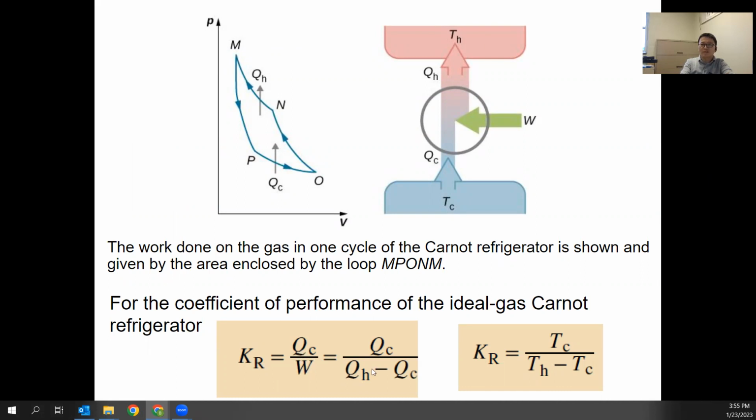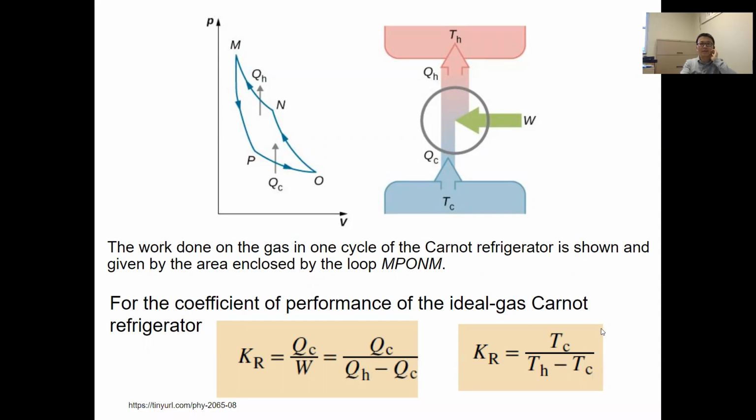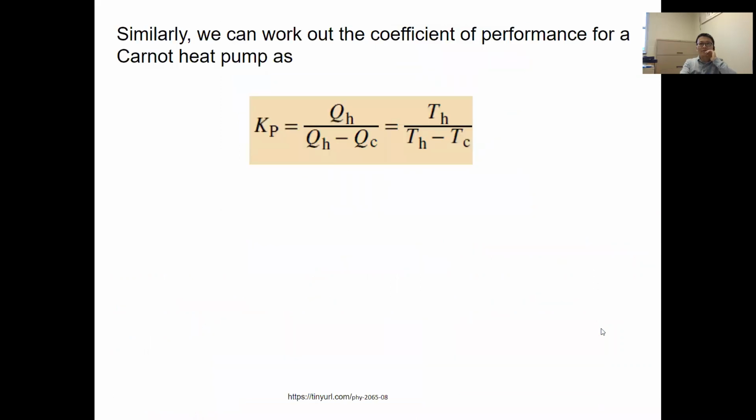Work is equal to QH minus QC. Because QC and QH are proportional to the temperatures, in terms of temperature this will be T_C over T_H minus T_C. For the heat pump, we are doing QH over work, which is QH minus QC. So then this is T_H over T_H minus T_C.